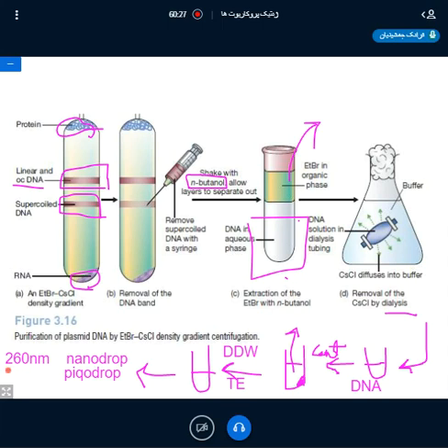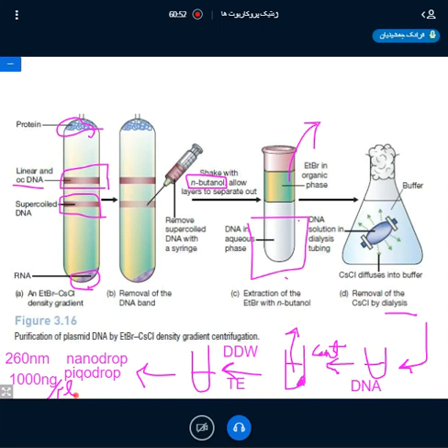For example, we can determine that we have 1000 nanogram per microliter of DNA.